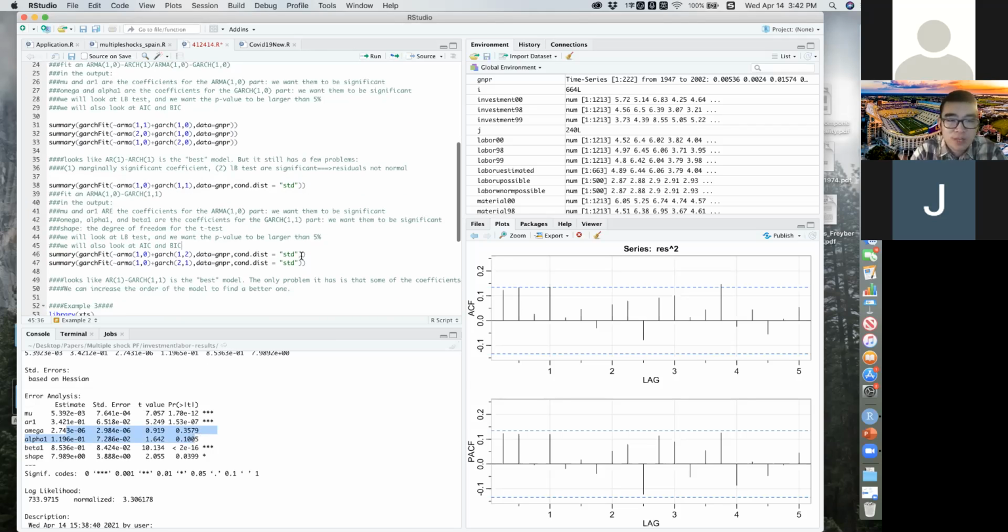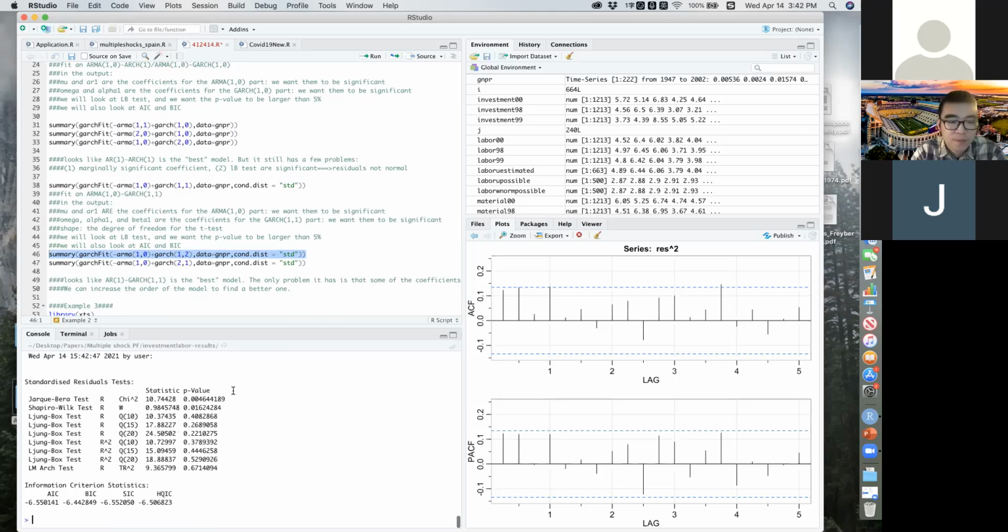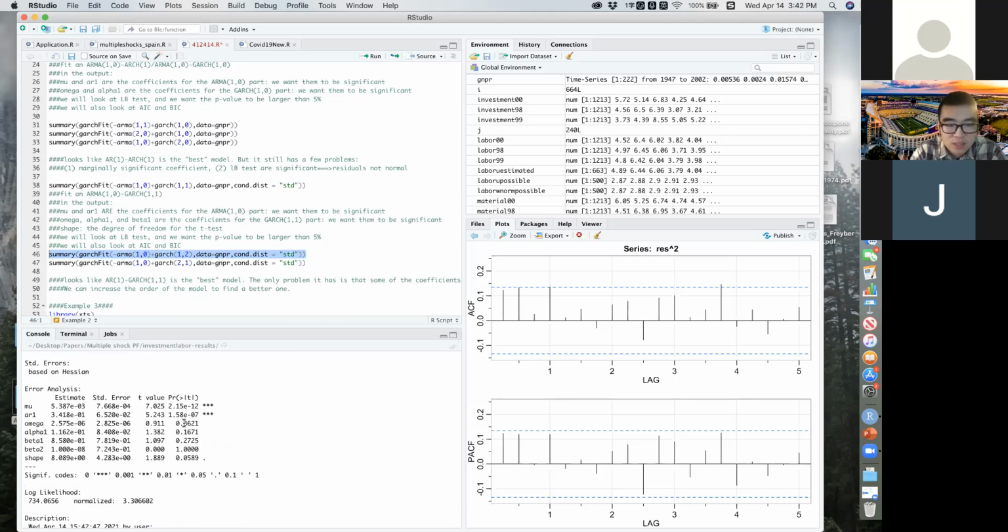What I do is just increase the order of the GARCH part and see if I can improve the coefficients. So I ran this ARMA(1,0)-GARCH(1,2) model, and I notice the results actually become worse. It looks like all the GARCH coefficients become statistically insignificant.